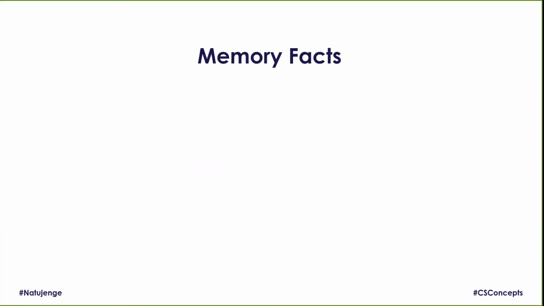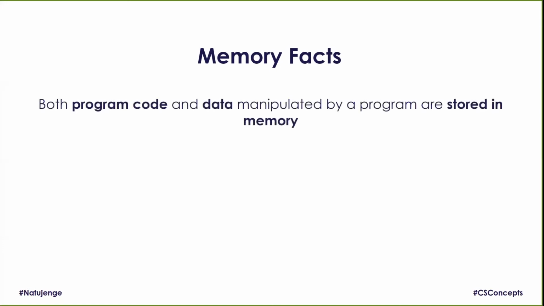Now that you know how the CPU works internally, I'll look at a few memory facts. The first thing is, both the program and the data manipulated by the program are stored in memory. We've seen that we have data registers that store data loaded from memory, and an instruction register, which stores the instruction, also loaded from memory. So the program code, these are the instructions, and the data, both are stored in memory.